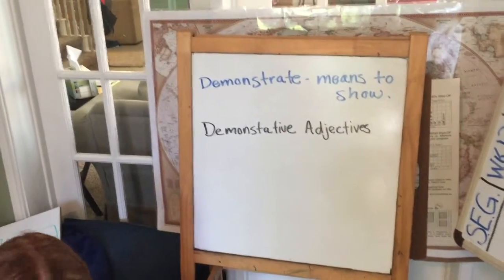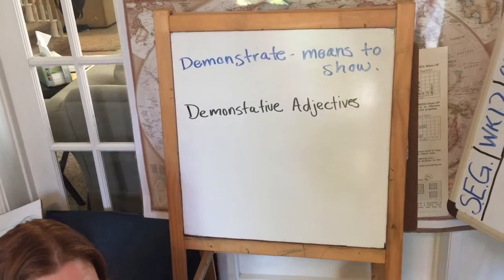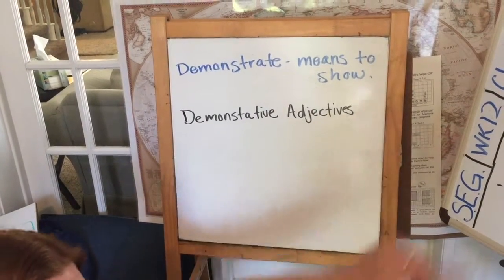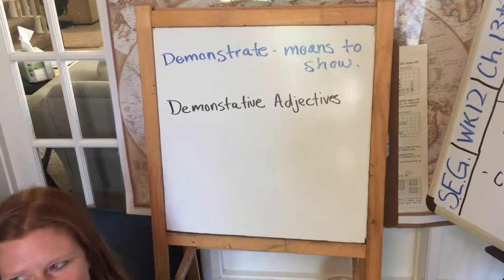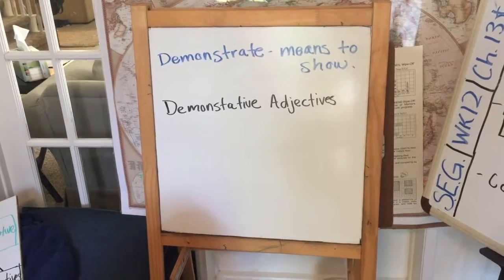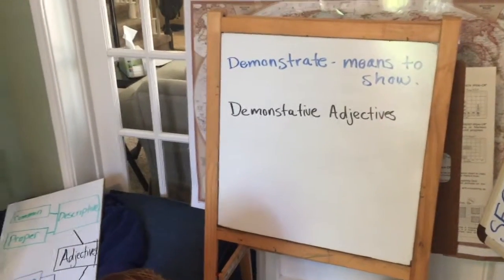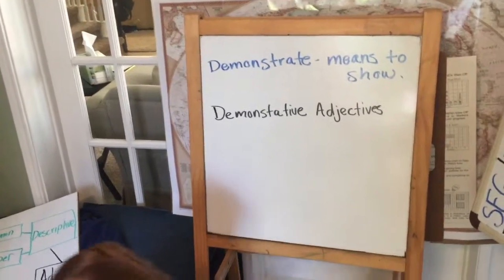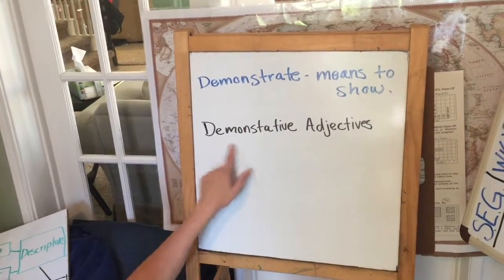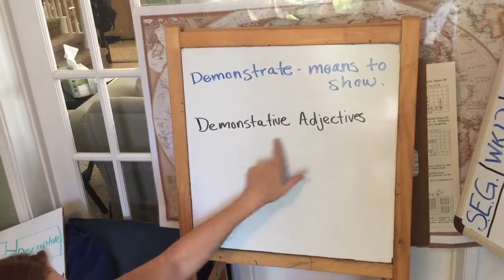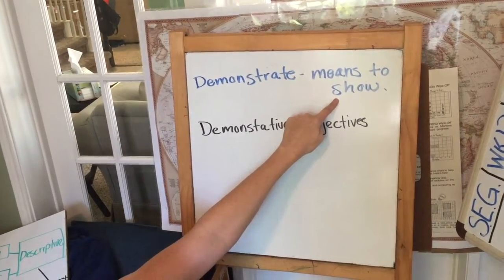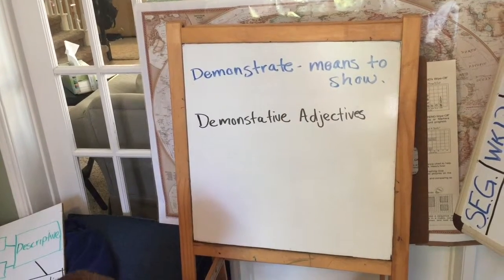So write that down in your definitions tab on a clean page, or after possess on your parts of your definitions tab. Okay. So adjectives that show. So from the word demonstrate, we get demonstrative. Demonstrative adjectives show.